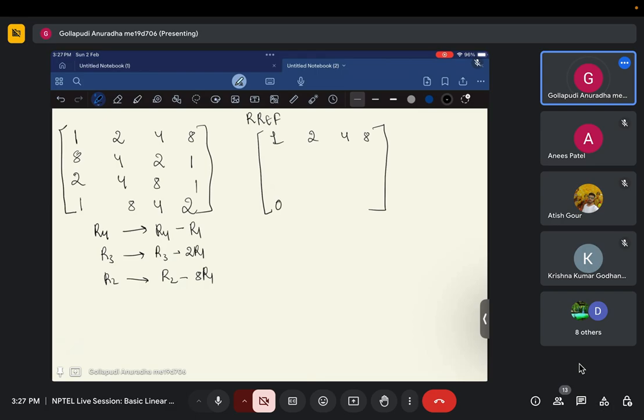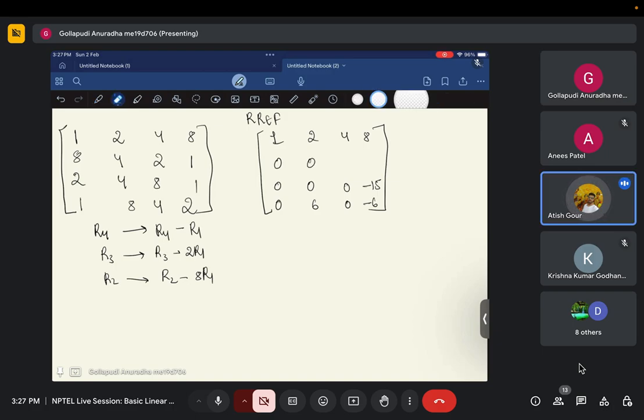So if you directly subtract 6, this will be minus 6. Zero, minus 12, minus 30, minus 63.